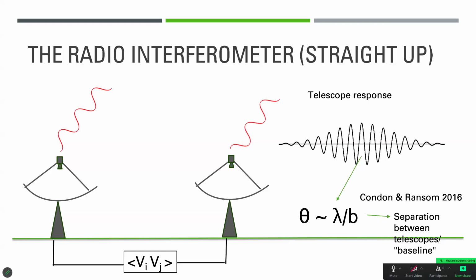The width of these fringes is given by the wavelength divided by the separation between the telescopes, which in radio astronomy jargon we call the baseline. So this gets narrower the further we pull the telescopes apart, and wider the closer we bring them together. This is sort of reminiscent of what we had before, but not quite.